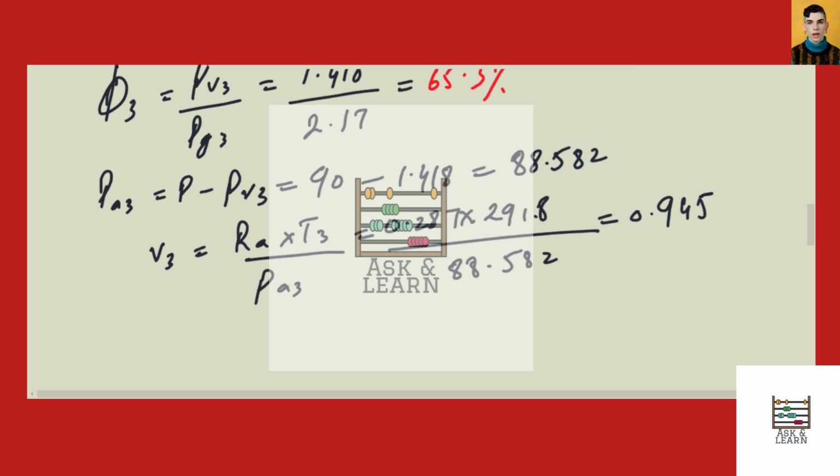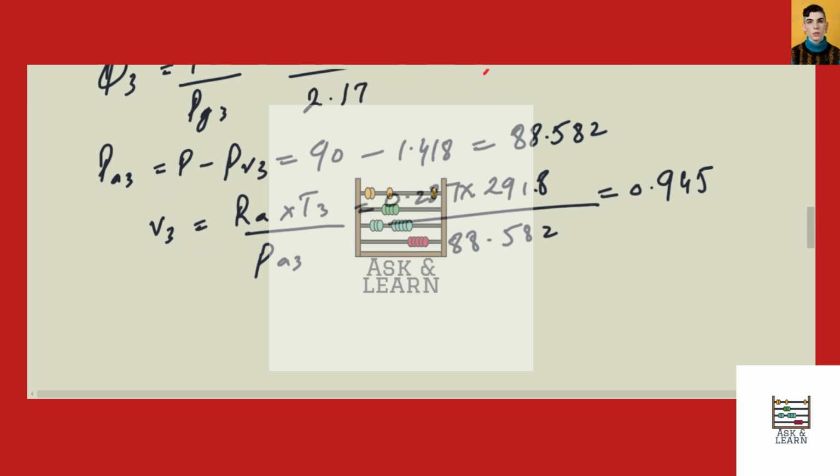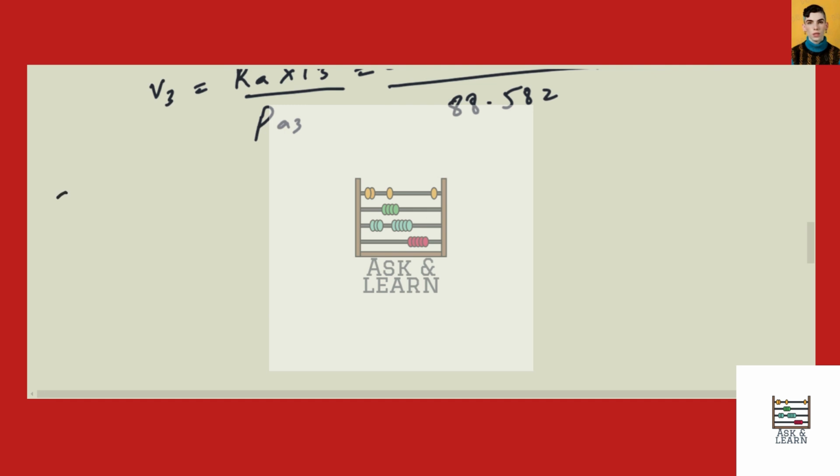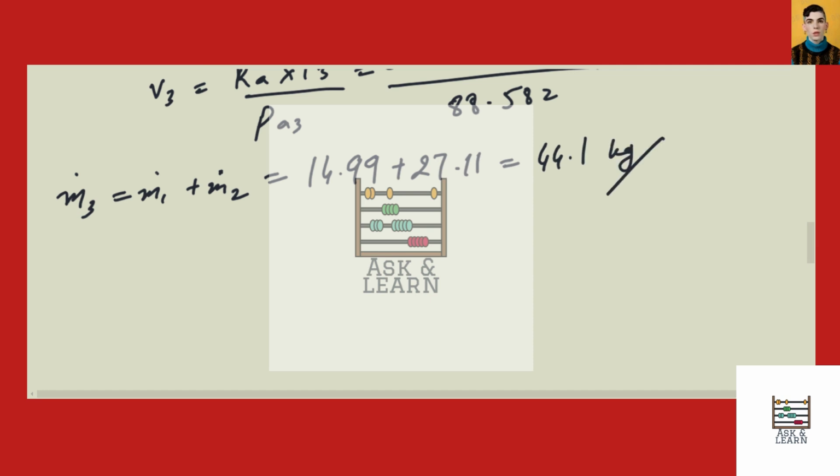So using the conservation of mass, we can calculate the mass flow rate, that is M3 is equal to M1 plus M2, that is equal to 14.99 plus 27.11, is equal to 44.1 kg per minute.